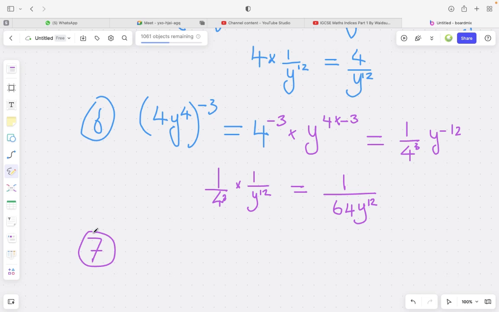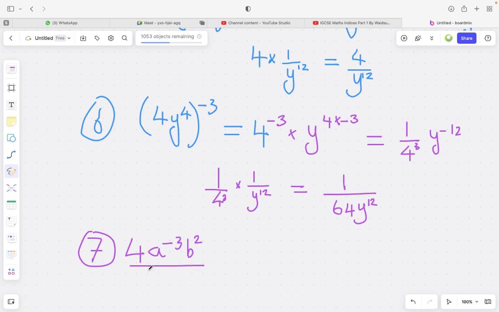Okay, we have 4a to the power of -3, b to the power of 2, all over, inside the bracket, 2ab squared, to power 3.